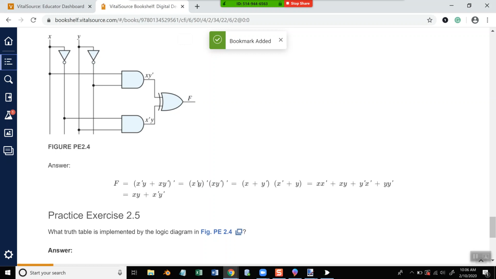And then they go through some simplification. This is our duality, where this addition becomes multiplication, and you just put a prime on each one of those. Then this comes that. You FOIL it, and then it simplifies to this.